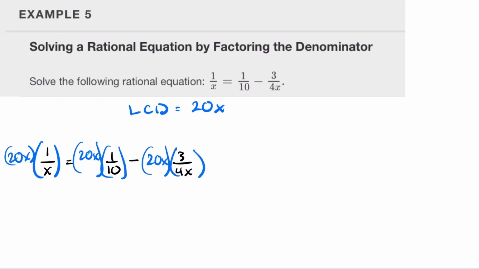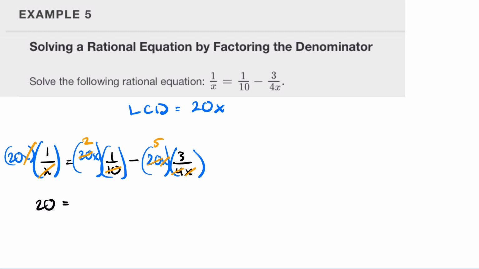On the left-hand side, the x's cancel, so that's a 20. Over here, 20 divided by 10 becomes a 2. The x's cancel here, and 20 divided by 4 is a 5. Let's account for those changes.